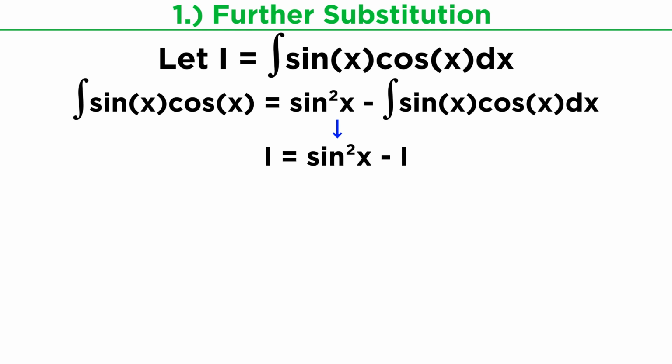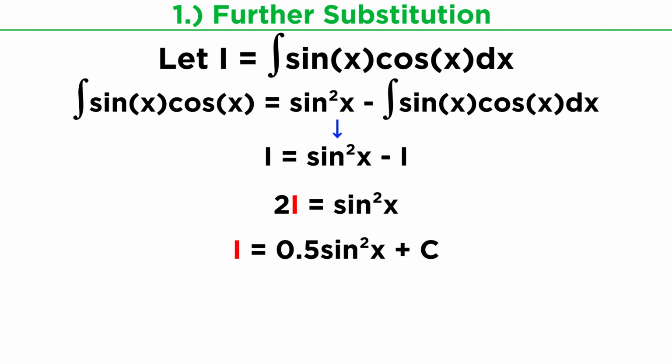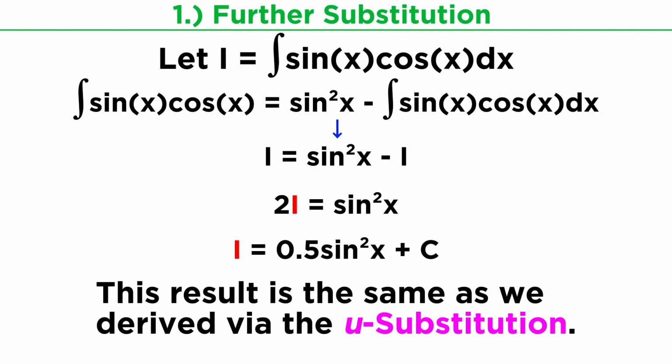From this, we derive the equation I equals the sine squared x minus I. By adding I on both sides of the equation, we get that 2I equals sine squared x. Finally, after dividing both sides of the equation by 2, we get the result 1/2 of sine squared x plus c. This result is the same as we derived by using the u-substitution.